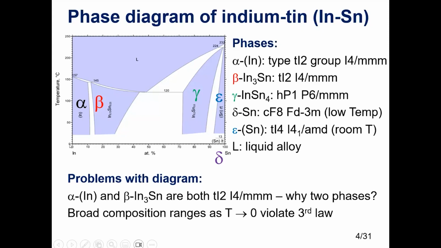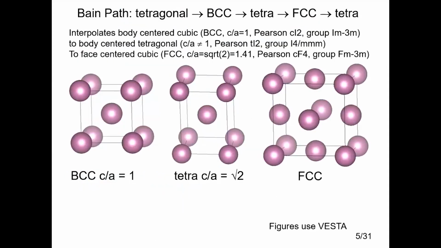But what's relevant for thermodynamics is not the temperature in centigrade, but the temperature in Kelvin. And so the question then is, what would the phase diagram look like down here around 0 Kelvin instead of up here at 0 centigrade? And we'll try to figure out how to answer that question.